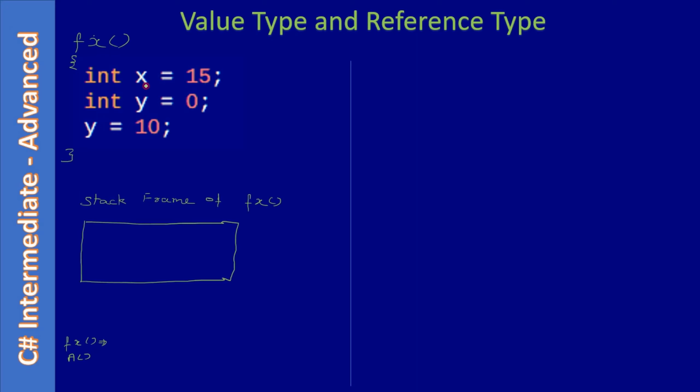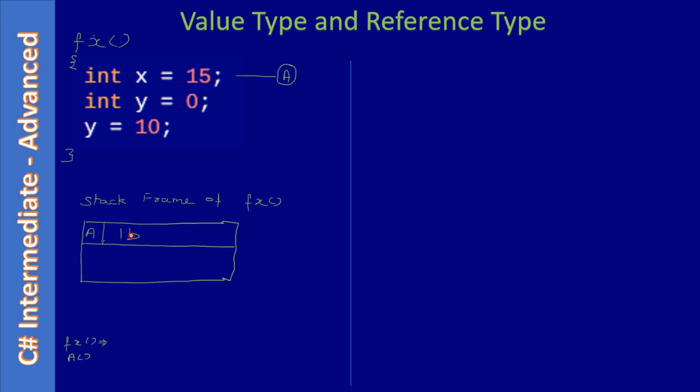Here inside fx we have a variable called x and it gets initialized to 15. So in the stack frame we have a memory location reserved for x, and the location contains the actual value 15. That means we have a bit pattern to represent the number 15.